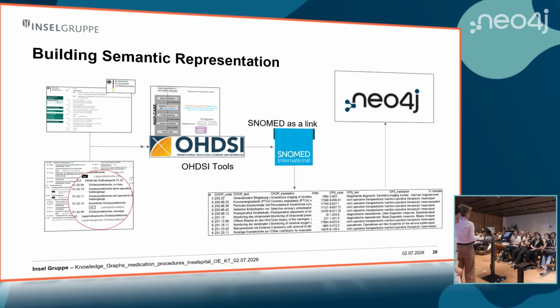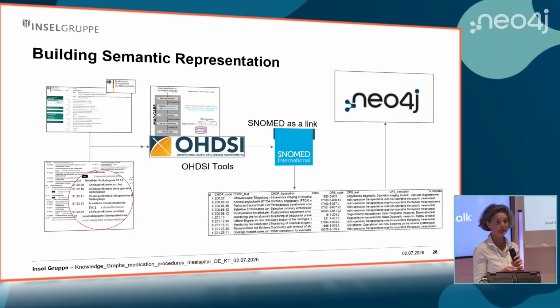Yeah, and here again you see a similar approach. We used the ODC tool. We used SNOMED-CT as an interoperable classification as the link between the two source classifications.